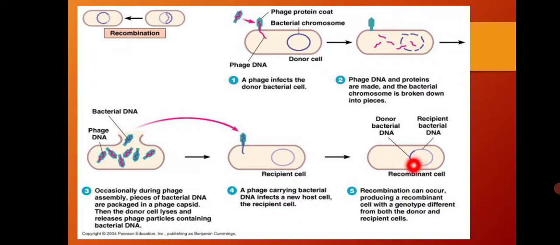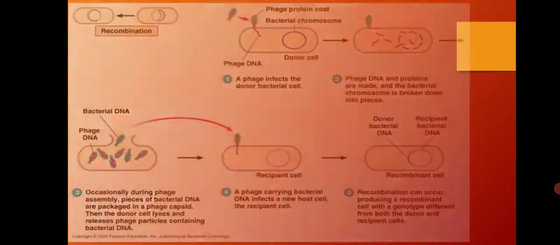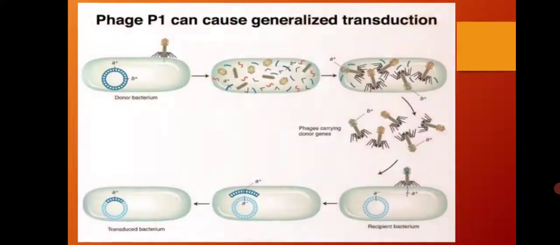A hybrid gene of donor and recipient has been developed. So this is the very simple process of generalized transduction, similar to the lytic cycle. Actually this generalized transduction follows the lytic cycle. So that was about generalized transduction.